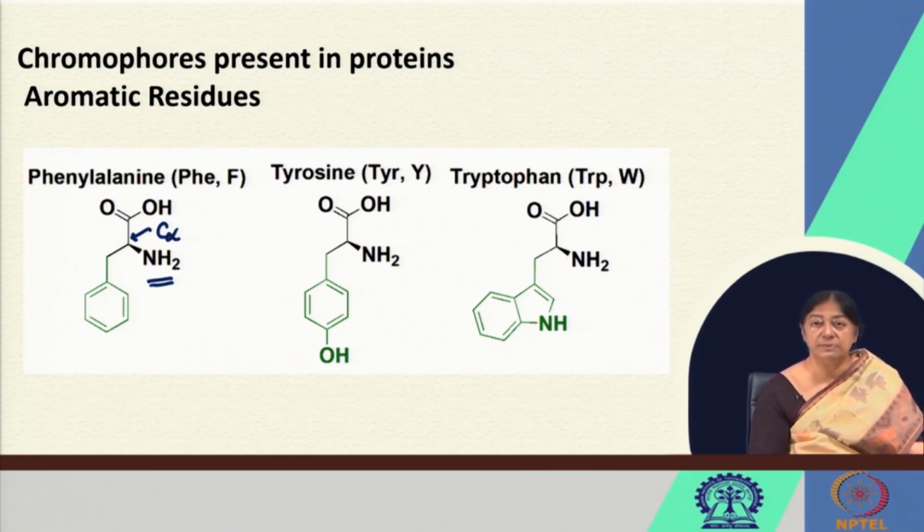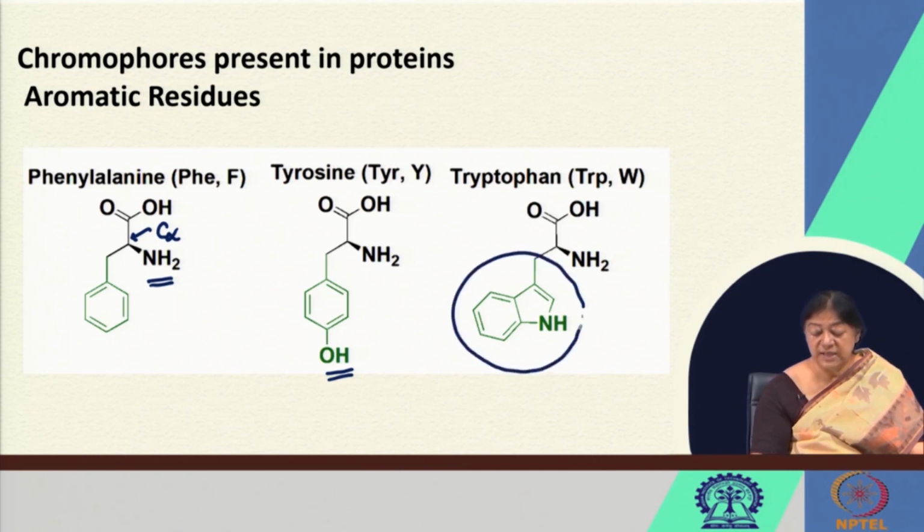But just for a common representation, we have put it as NH2 and COOH. Then here we have tyrosine, which has an OH group attached to it, and here we have tryptophan, which has an indole group. So, these are the aromatic residues that are present in proteins.